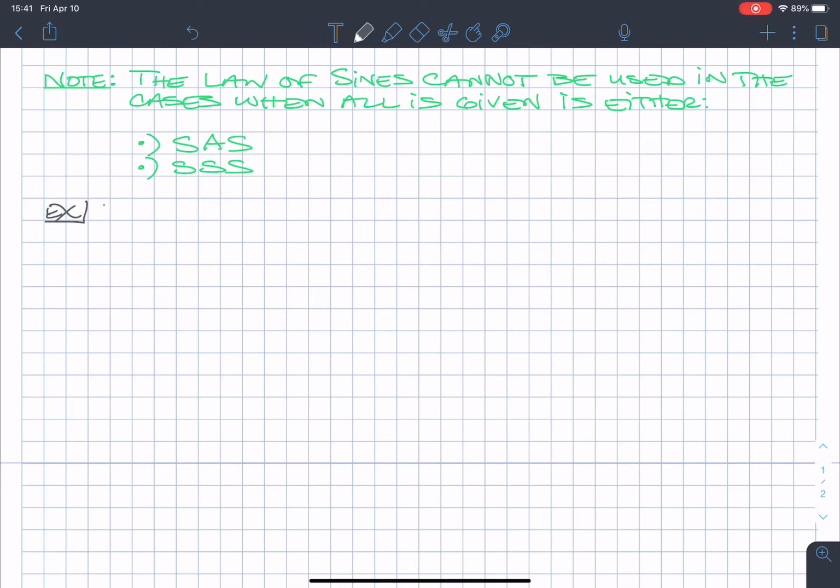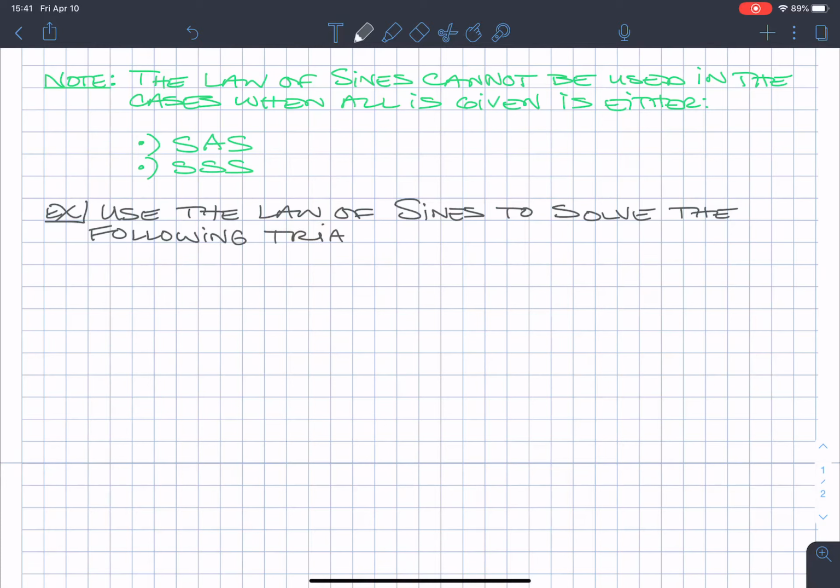Okay, so use the law of sines to solve the following triangles.